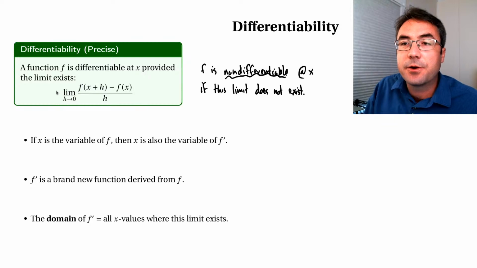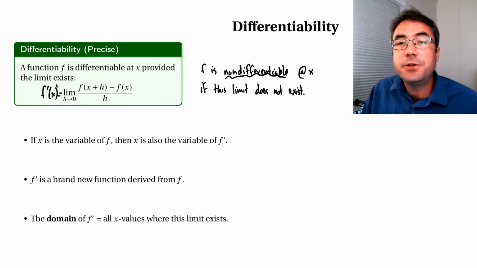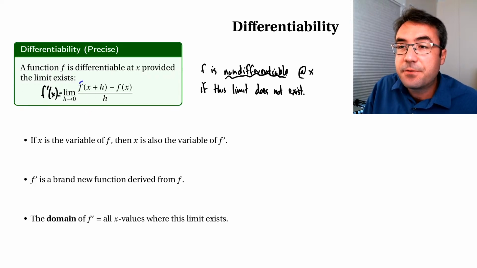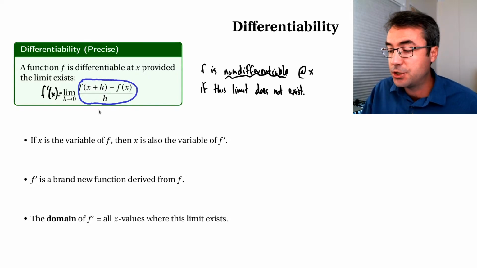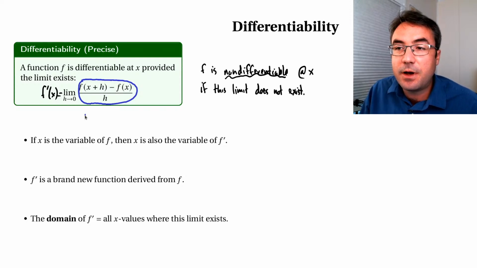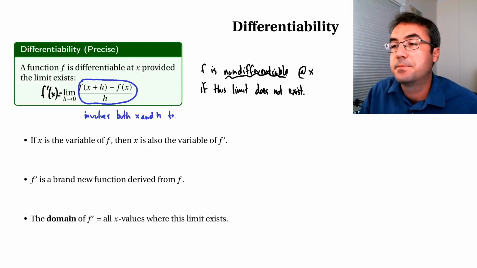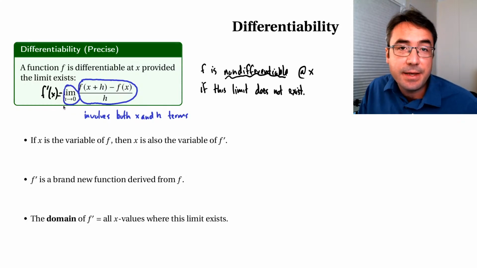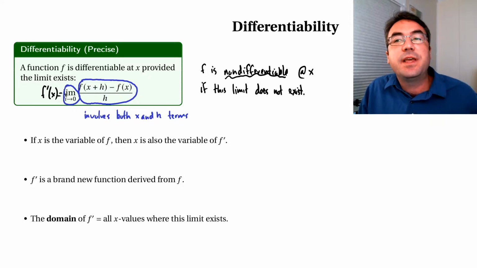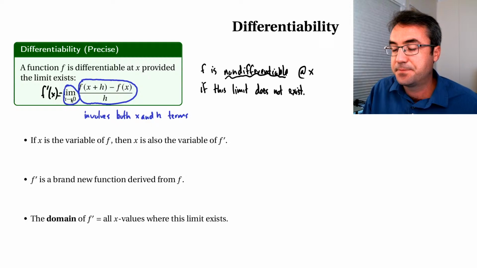And so just a reminder, this is the formula for f prime of x, our derivative. And so when we do this difference quotient that we're calculating, this f of x plus h minus f of x all over h, when we look at it, it should involve both x and h terms. But when we actually calculate the limit as h goes to 0, that limit gets rid of all of the h's that we see, and we're only left with x's.